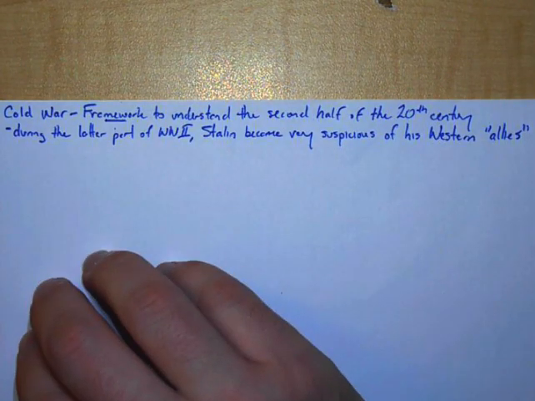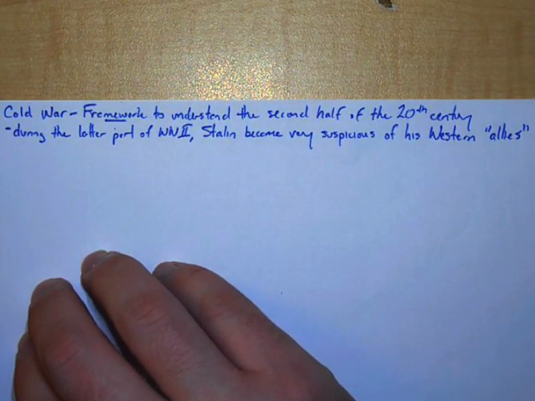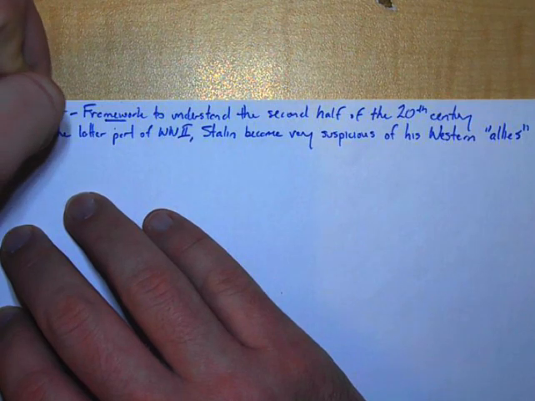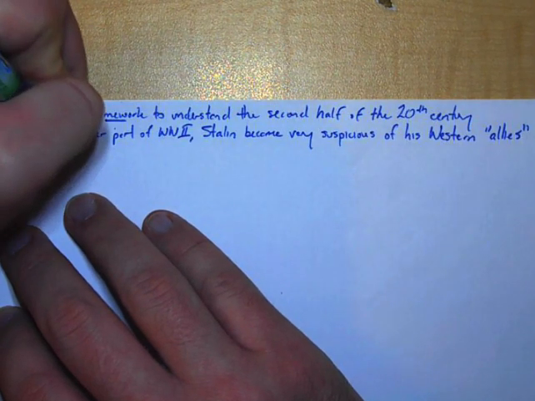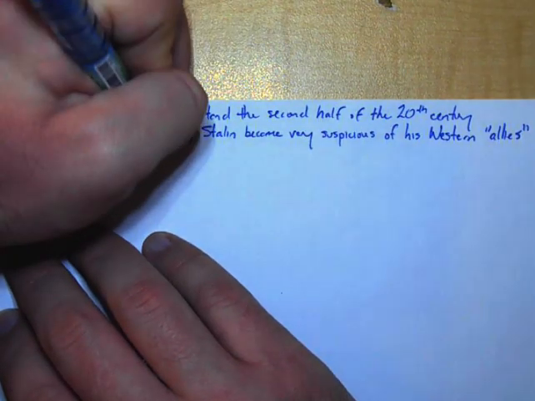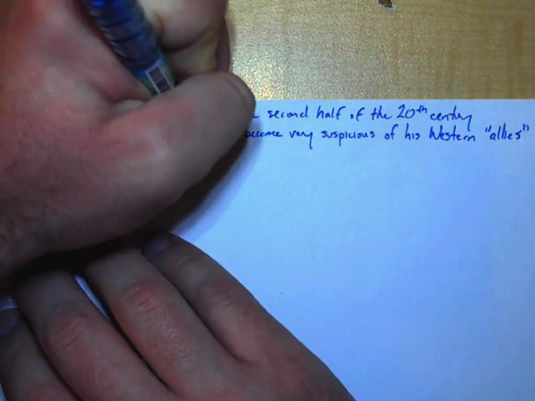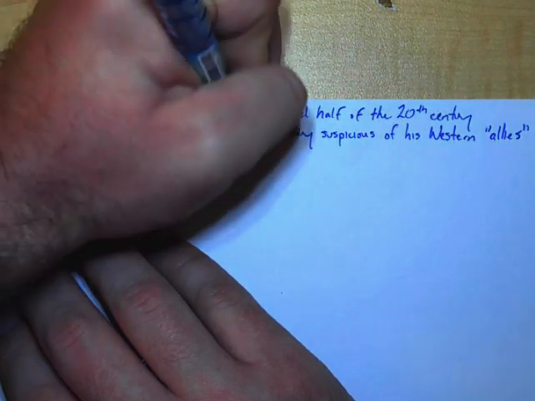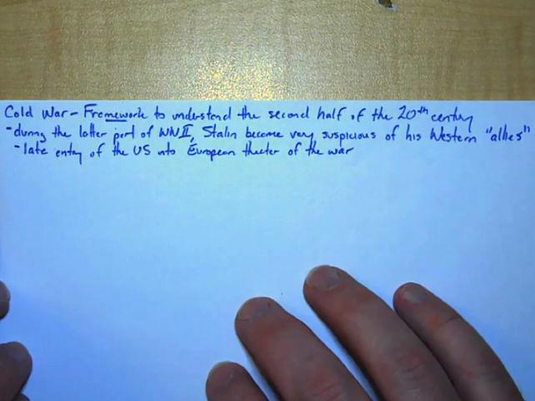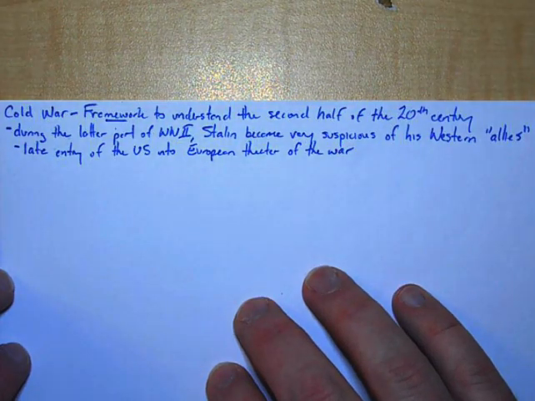He thought that they weren't doing what they were supposed to do to help the Soviet Union. They weren't really allies. So, for example, the rather late entry of the United States into the European theater of the war was evidence in Stalin's mind of them trying to betray the Soviet Union.